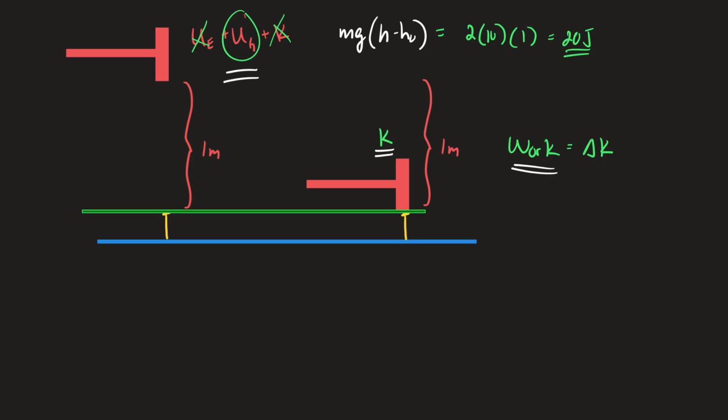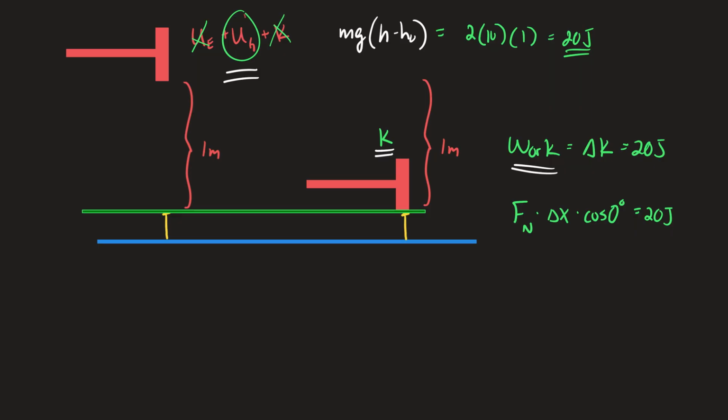Now it says, what was the average force applied to the nail from the hammer? Now that question I think has some good stuff in it. That work done is equal to 20 joules. Would you agree? But that work was the force on the nail times the displacement of the nail times the cosine of 0 degrees, because the force was down and the nail went downwards, and that has to equal 20 joules.